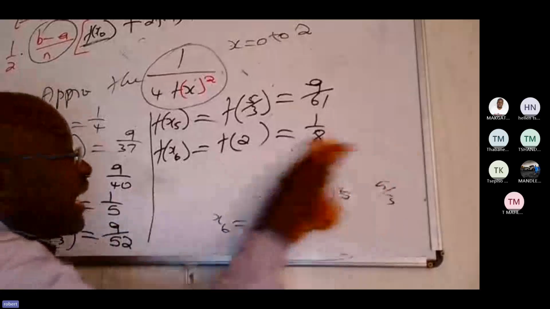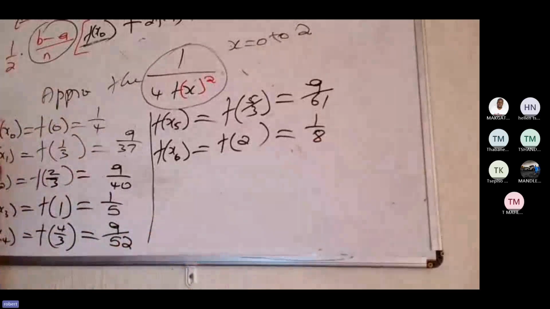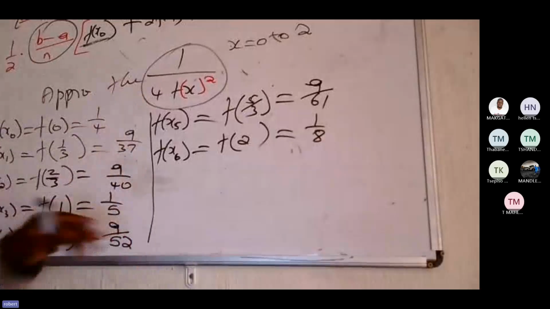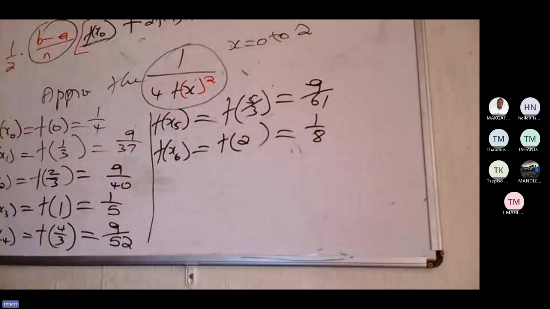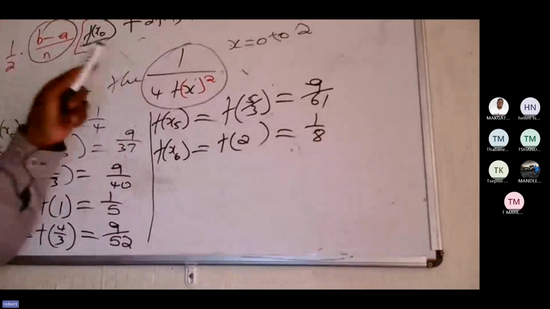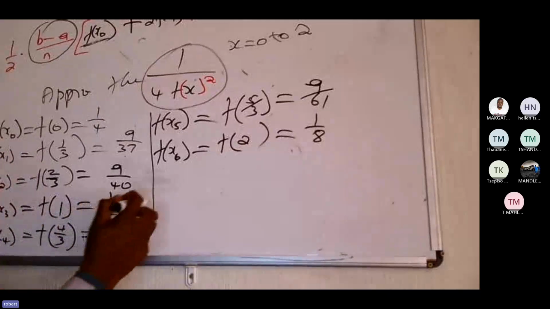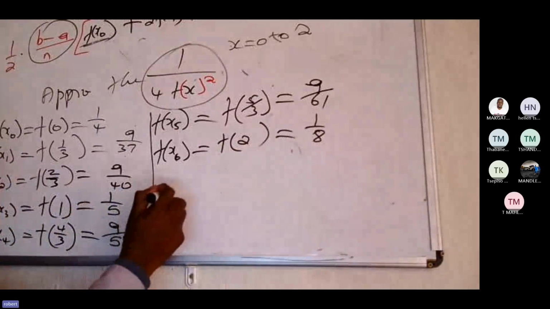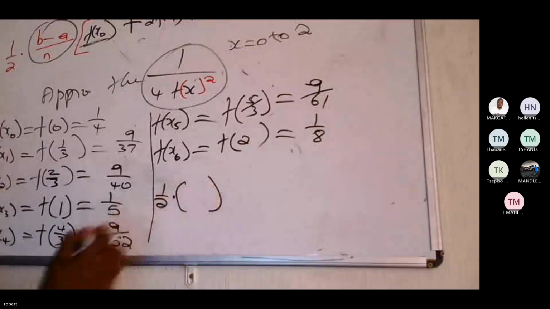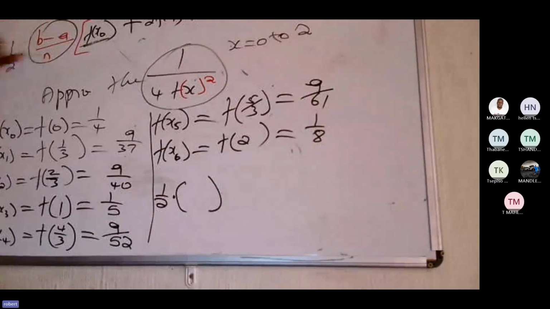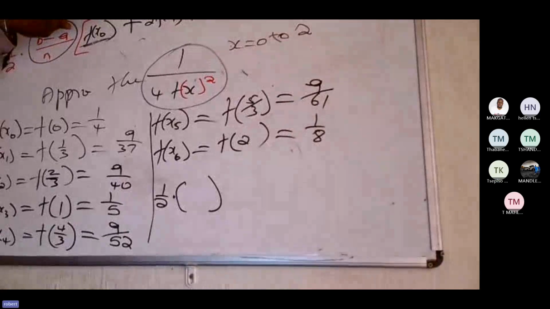Then what next now? You have got everything. You now come to the formula. Let us simply write it there. What is b minus a over n? We are not substituting in the formula.